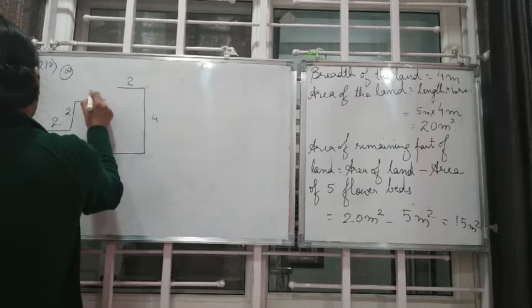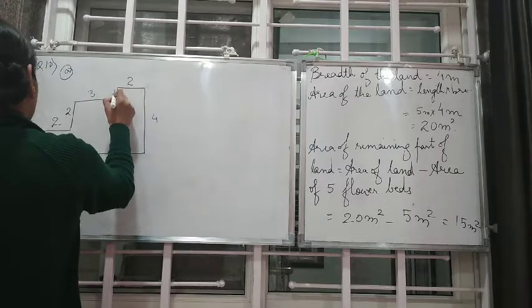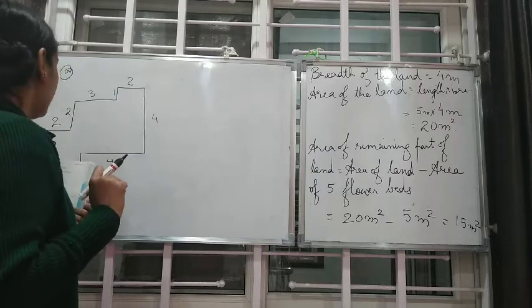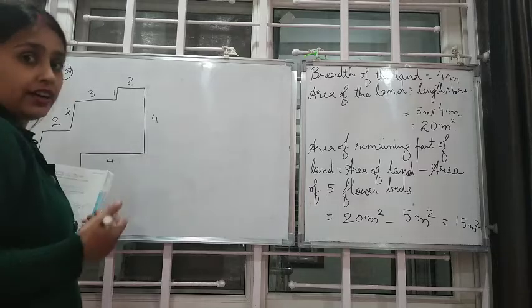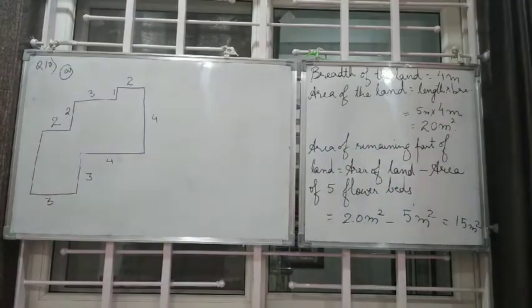Now this is 3 and this is 1. So now we are going to split this figure into different types of rectangles. Now you see how we do it.